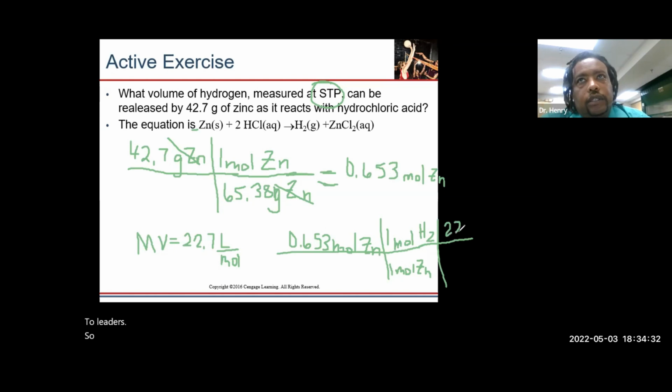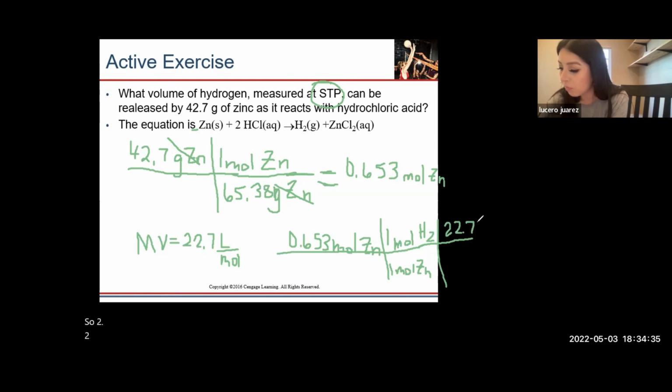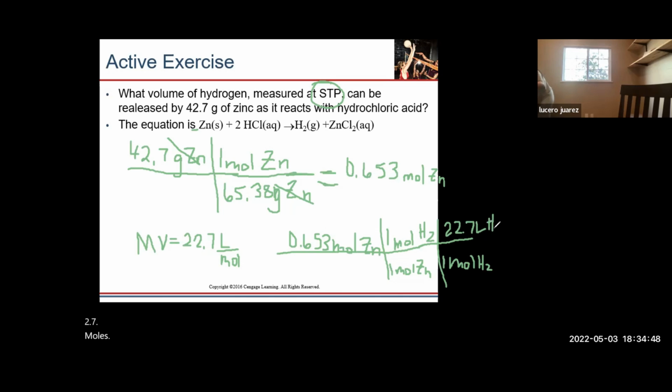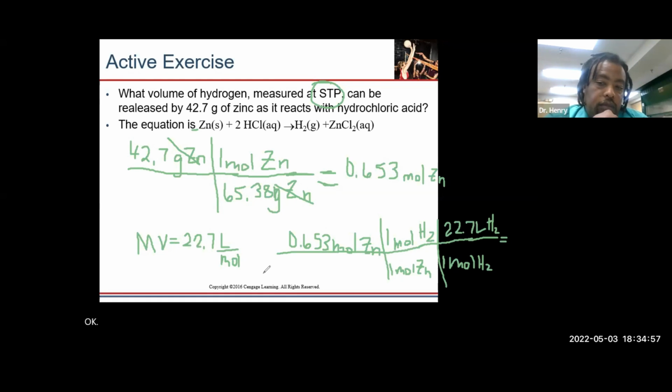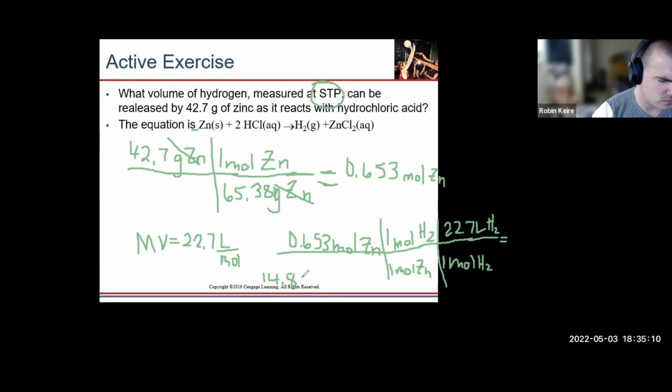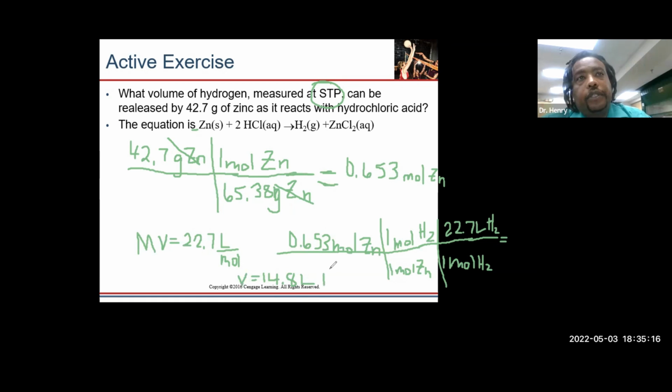So 22.7 liters per mole, which gives 14.8 liters. Okay, piece of cake.